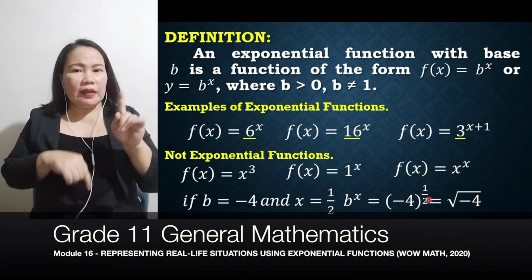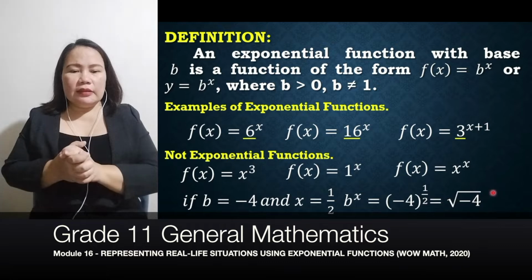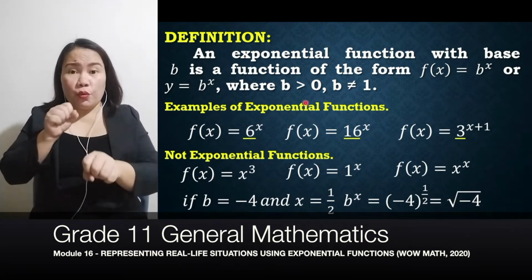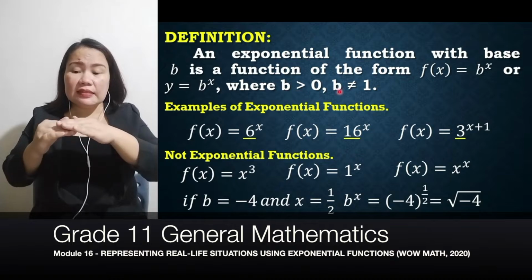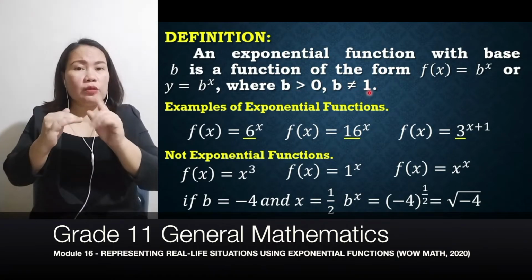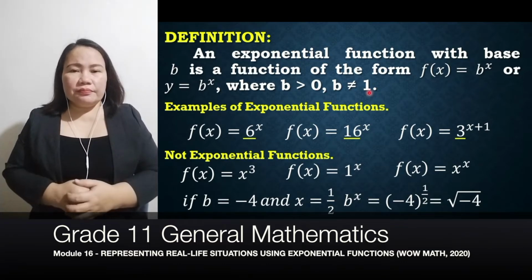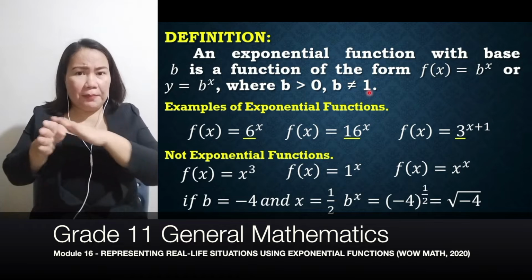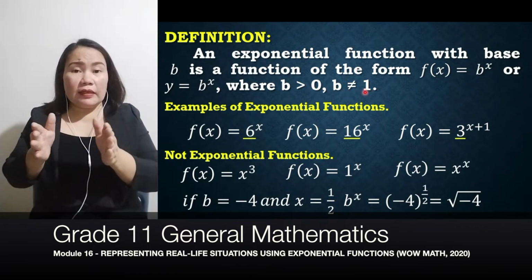At hindi pwede yung negative 4 inside of radicand, di ba? So therefore, kailangan talaga tandaan natin na ang base natin dito ay greater than 0 and dapat hindi siya equal sa 1. Ibig sabihin nun, pwede ka magkaroon ng base na 1/2, 1/3, hindi pwedeng 1 ang magiging base mo. Greater than 0 but not equal to 1.